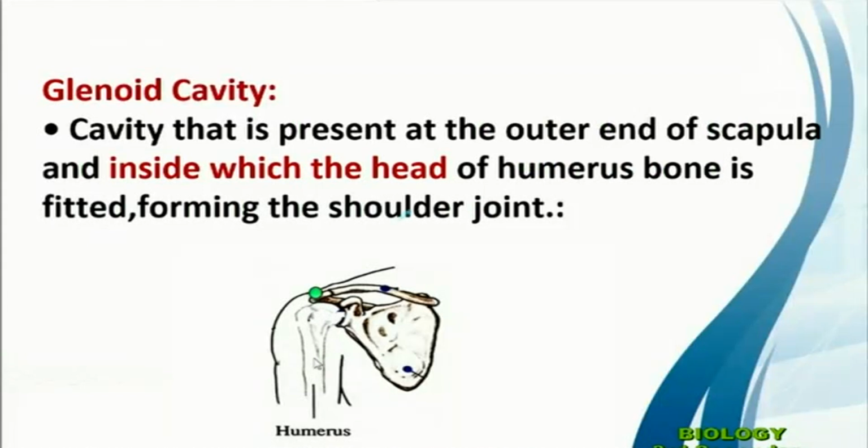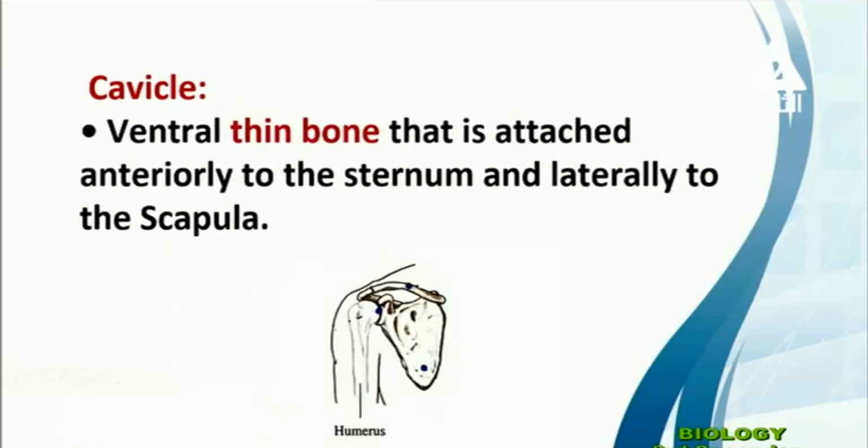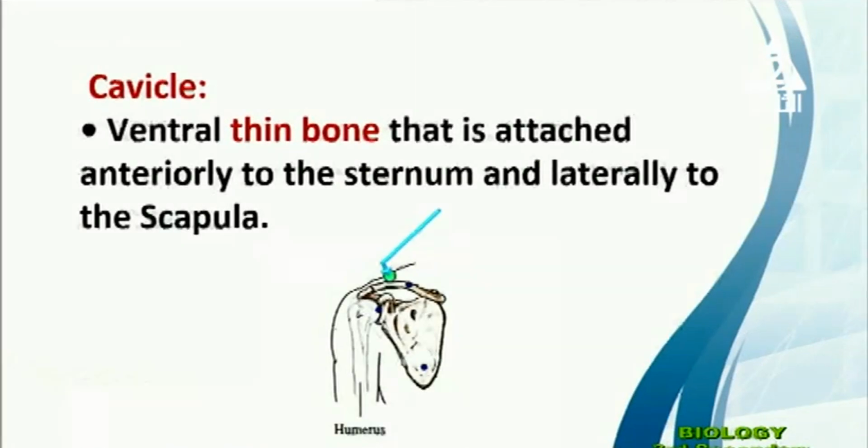The clavicle, if you remember, is ventral. You know what is meant by ventral? This is anterior. Sometimes they call it the collarbone or beauty bone. It exists anteriorly and is attached to the upper part of the sternum.